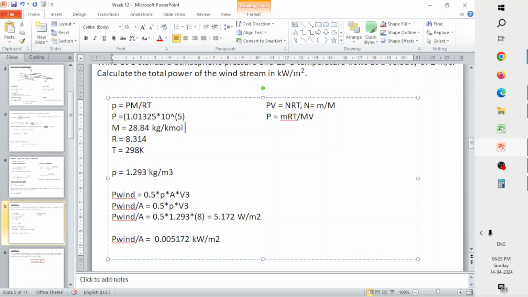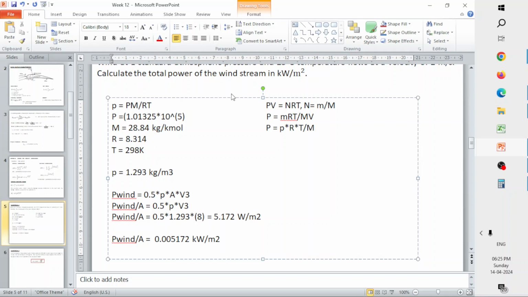So P is equal to rho times R times T by M.